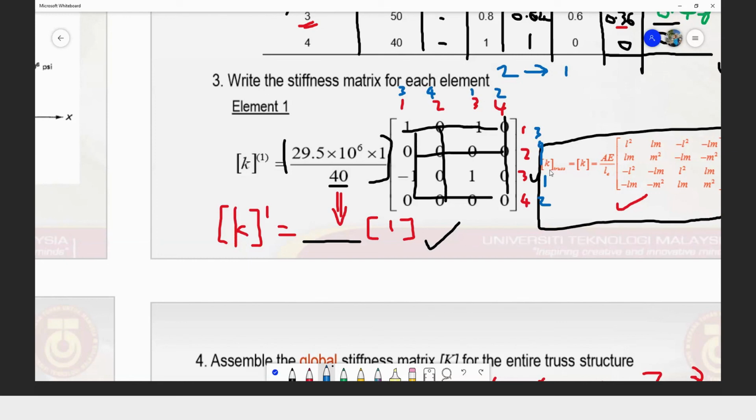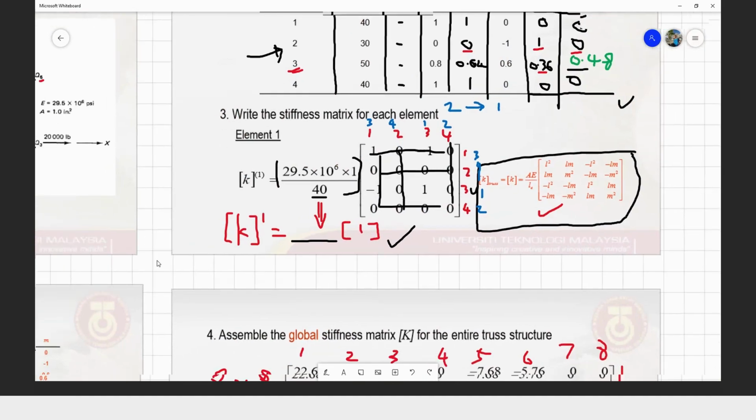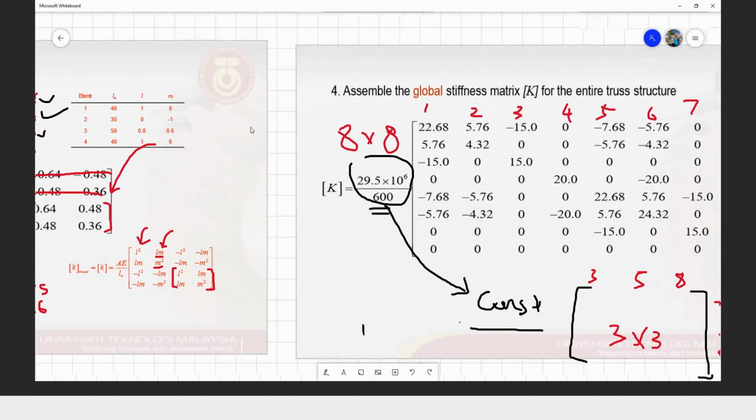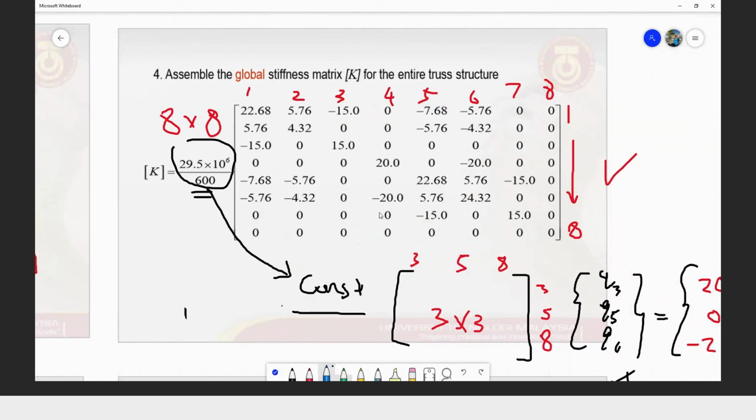So susunan dia berbeza. Tapi when you assemble the whole matrix, bila kita nak assemble, kita kena susun dia from the smallest numbers lah, from the smallest 1 sampai pada biggest.